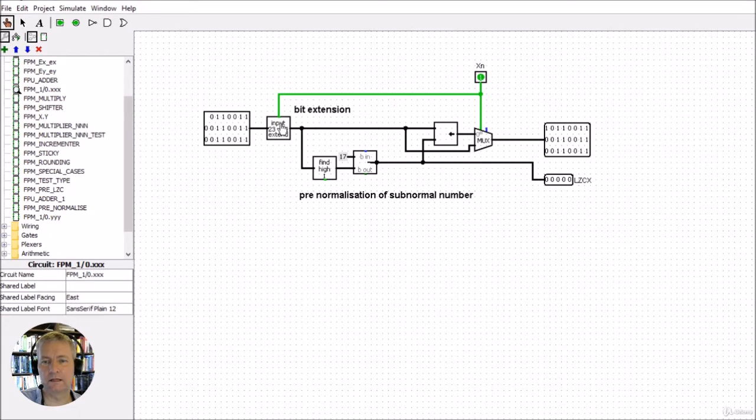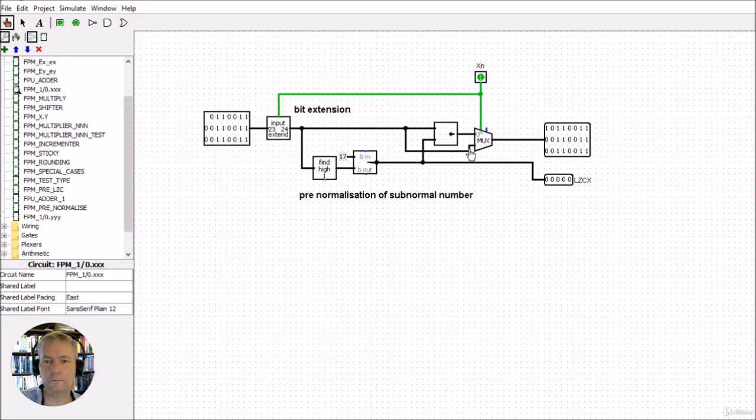So we bit extend this by a value of 1 in this case, because this is a normal number. So the path in this line here is going to be through here. We'll get the bit extension through here. It's then going to come down through this route here, out through the multiplexer, and this chooses this value for the multiplexer, and it heads out here.